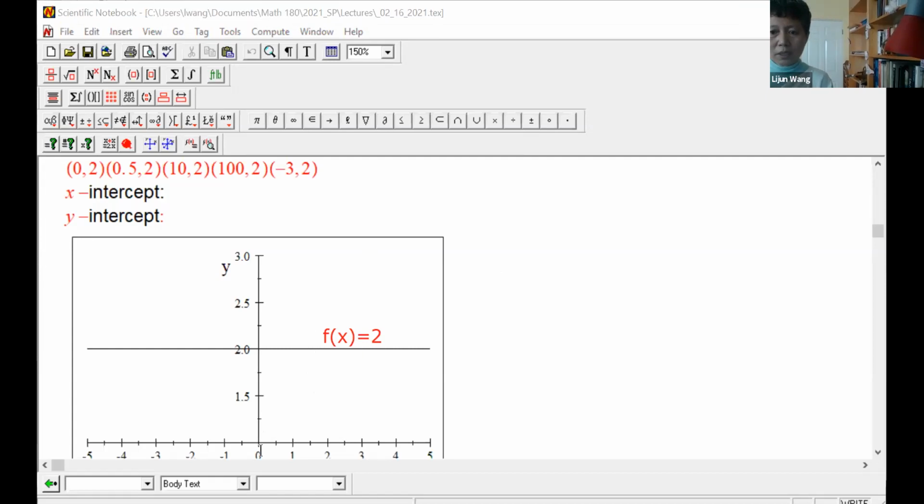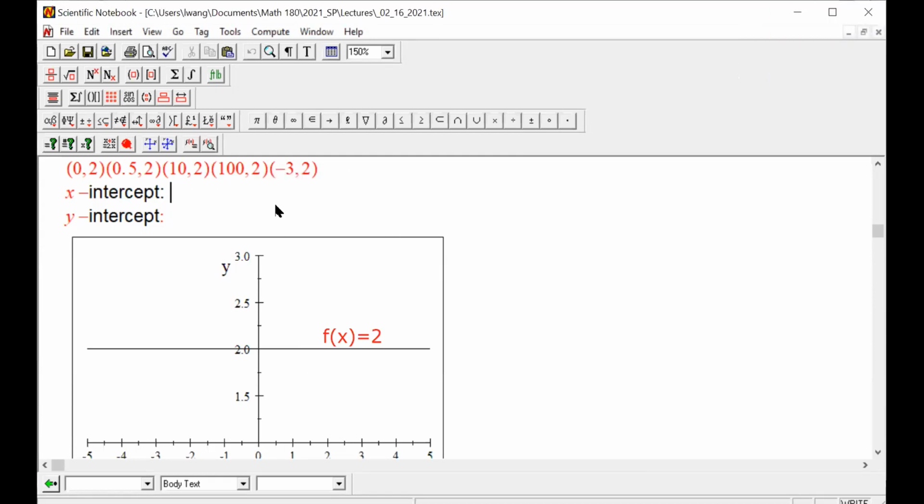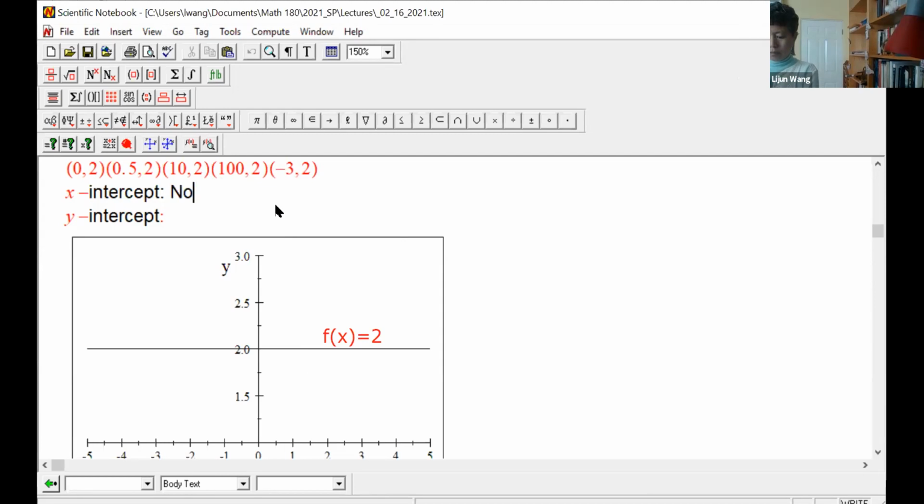Does it cross the x-axis? No, never. So none. There's no crossing. It's parallel with the x-axis.